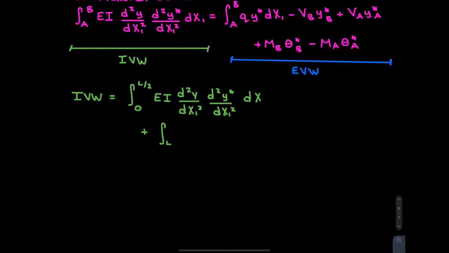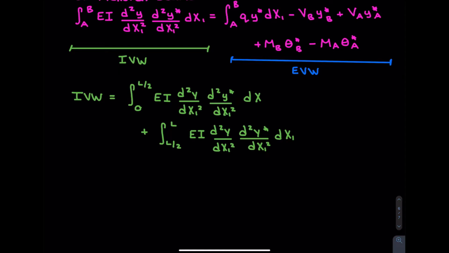The second region is from L over 2 all the way to L, multiplied by EI, multiplied by d squared y with respect to dx1 squared, and then d squared y star with respect to dx1 squared, all with respect to dx1. All right. So if you look at the solution from Dr. Sammer, he doesn't have this. He just has one simple integral.